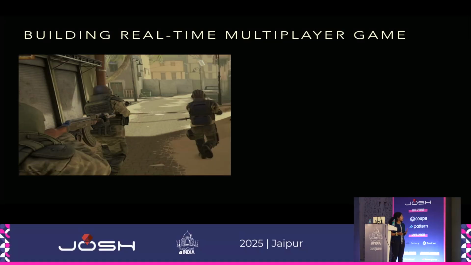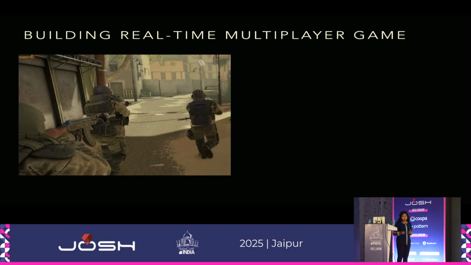Okay, so what does building a real-time multiplayer game mean to you? Let's look at some existing games that we have. One such game is a shooting game, in which there are different players and they are targeting some world objects. A world object could be a building or some person that you're trying to shoot. So there are players who are connected to the arena and you are having some movement from the players.